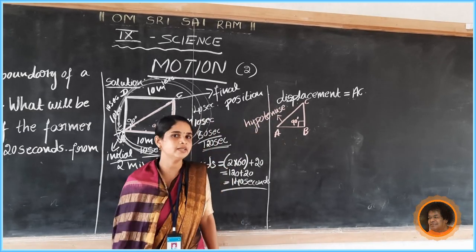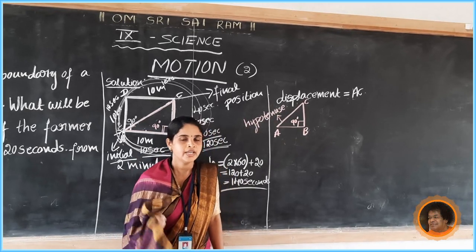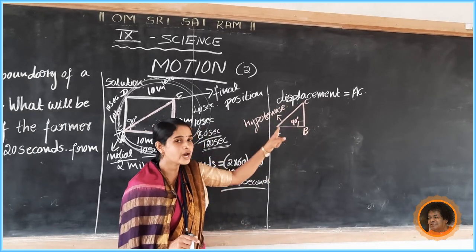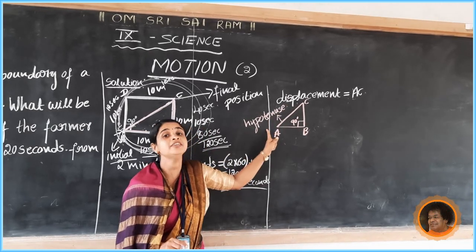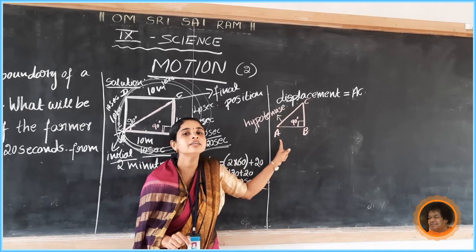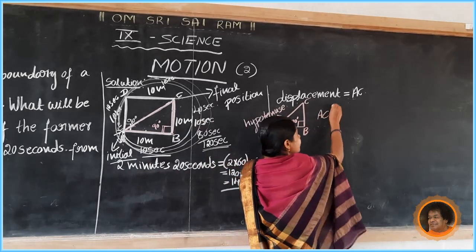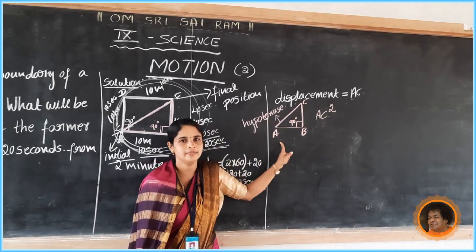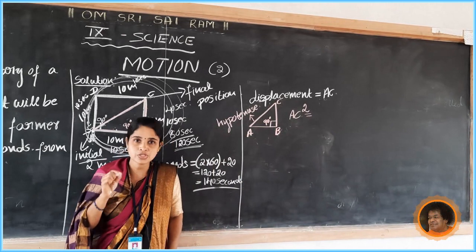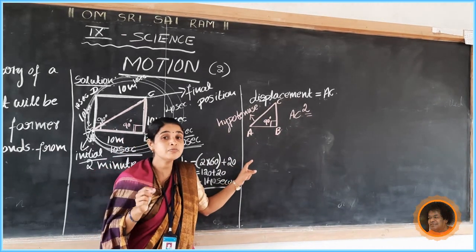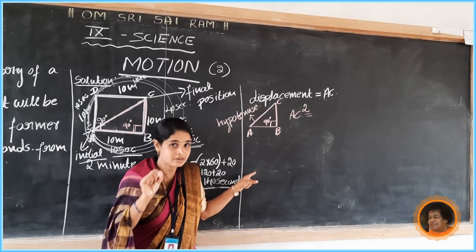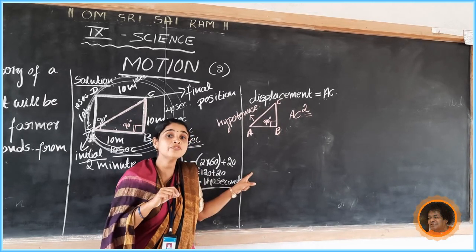And the Pythagoras theorem states that in a right angle triangle, the square of the length of the hypotenuse, which is AC here, that means AC square, equals the sum of the squares of the lengths of the other two sides.